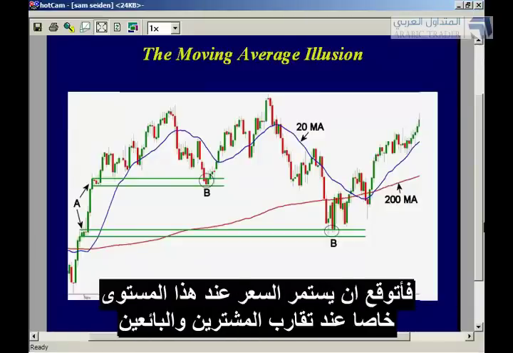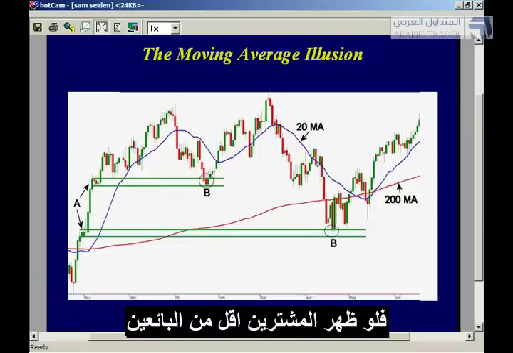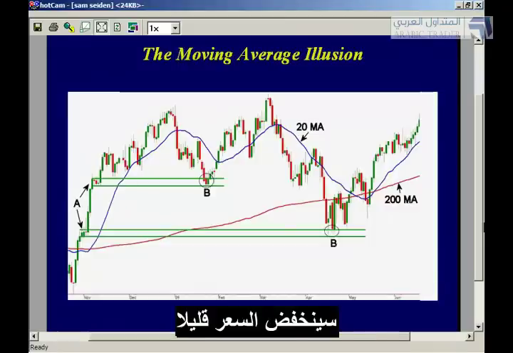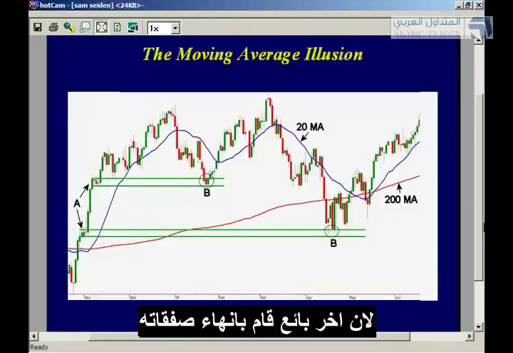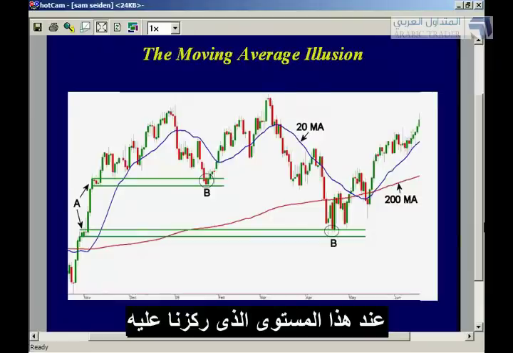Price can't stay at levels where there's a big imbalance of buyers to sellers. If you have a ton of buyers and very few sellers, price is going to spend very little time there, because as soon as that last seller sells, price is going to shoot out of there. Those are the levels you want to focus on, but those are the levels that most people ignore.